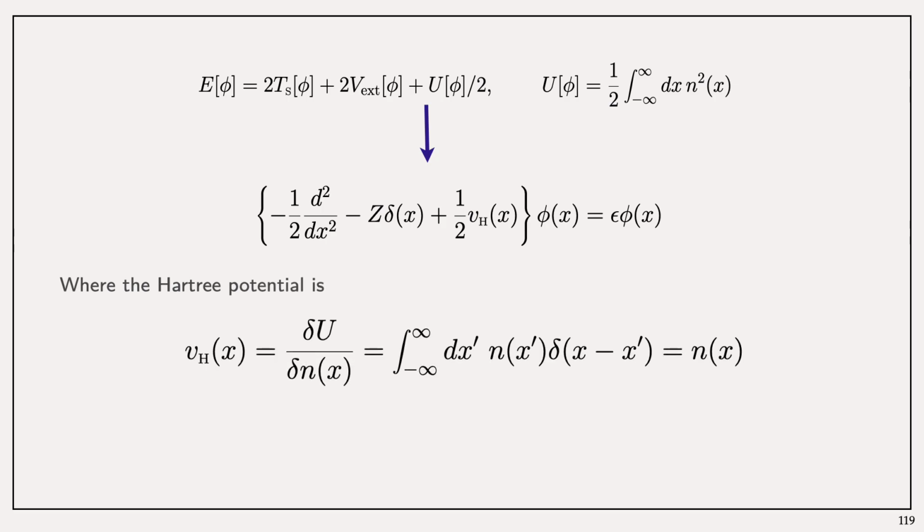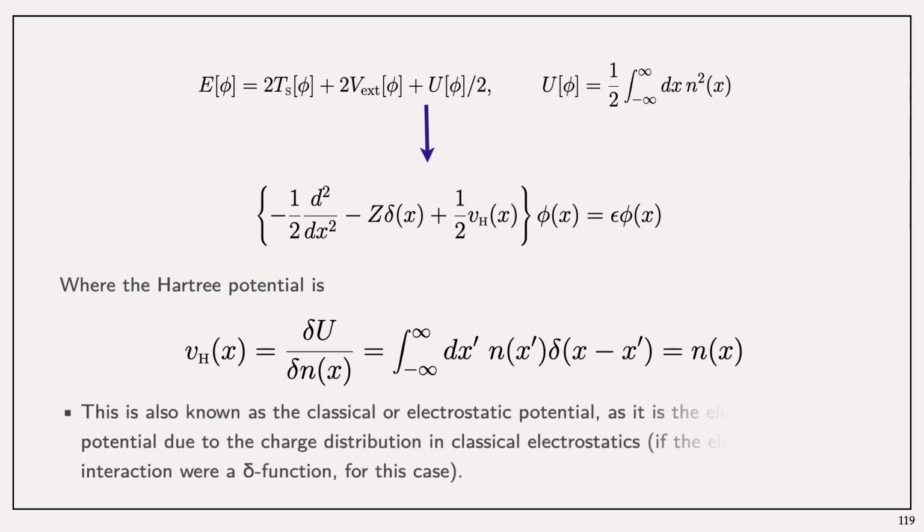It is indeed the variation, the derivative, if you will, of the energy, right? The potential is always obtained by the gradient of the energy. This is what we obtain here, and it turns out in our very simple problem of Dirac delta that the Hartree potential is just a density, right? So this is quite interesting because now we have something that we can try to solve.